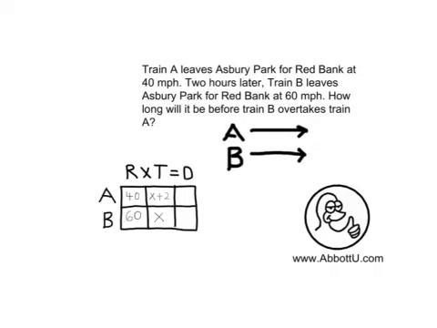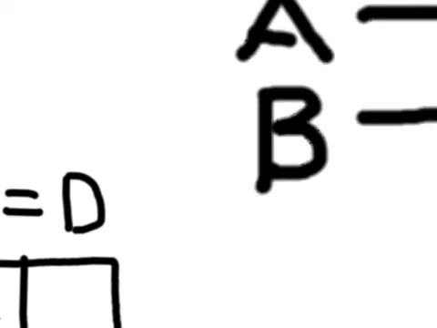Now, do we know the distance traveled by each of these? Not really. We don't know how much distance train A went and train B went. We know that the distance is the same, however. Nonetheless, let's fill in that part of the table.